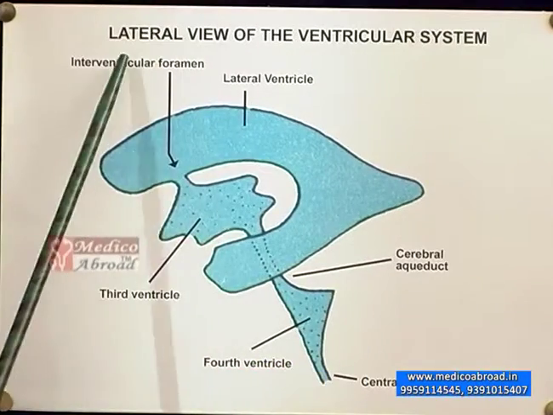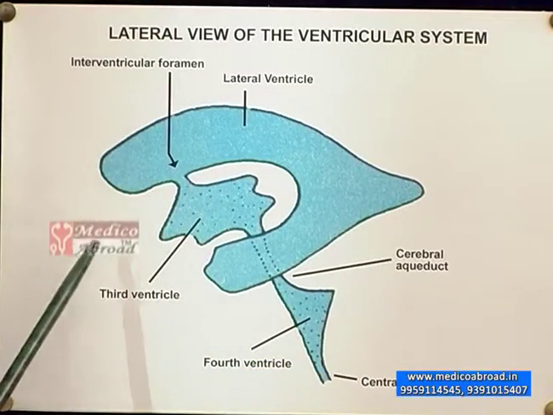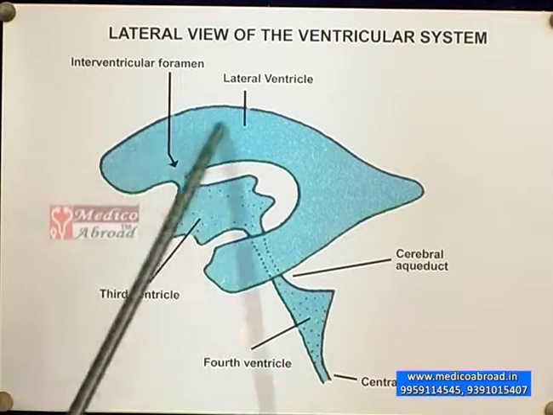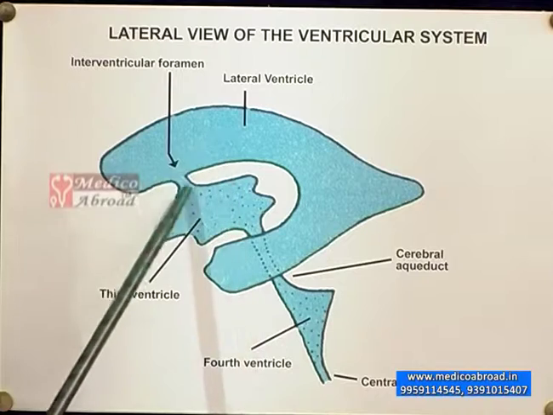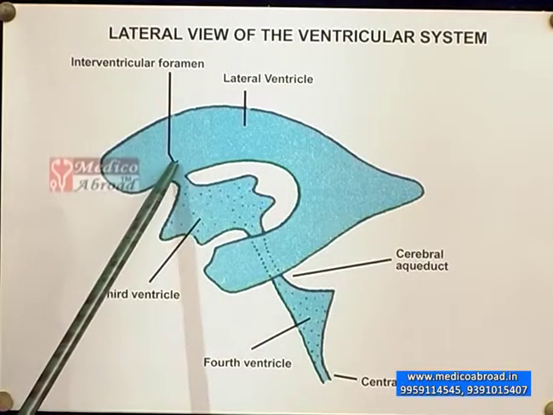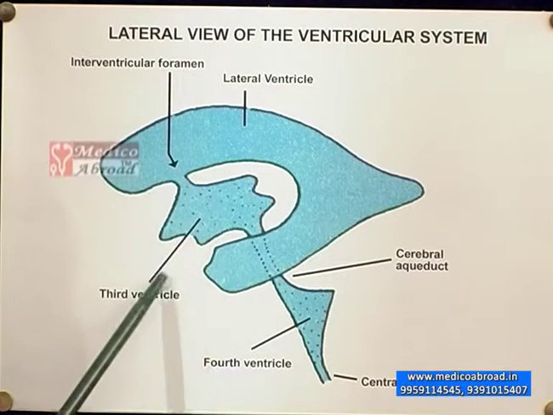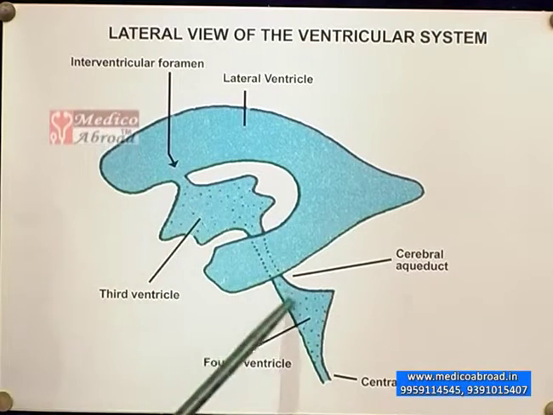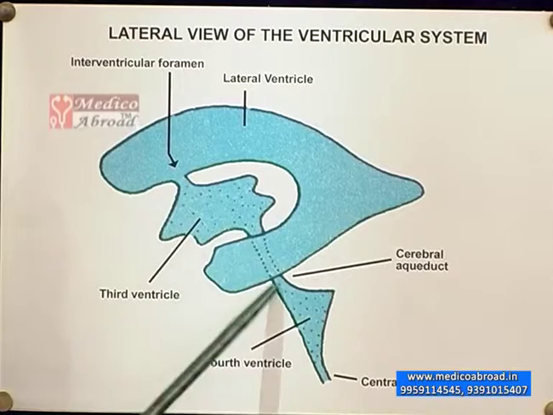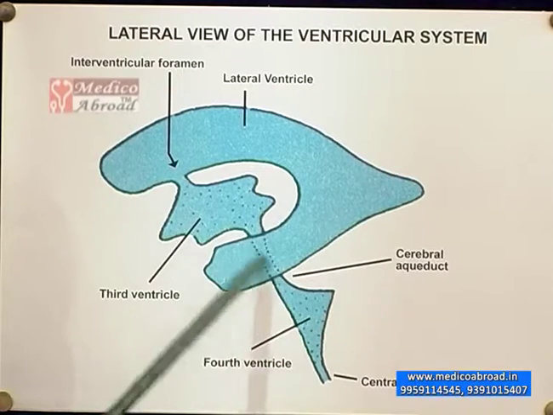This picture shows you the lateral view of the ventricular system. Now this is one of the lateral ventricles. It communicates through the interventricular foramen with the third ventricle. Then the third ventricle communicates with the fourth ventricle through the cerebral aqueduct.